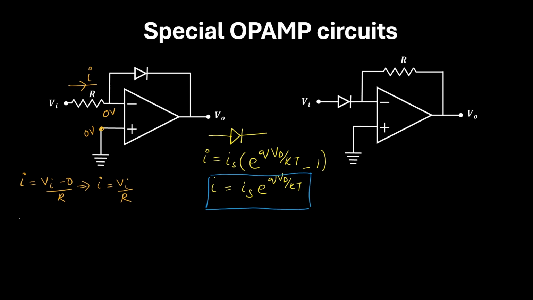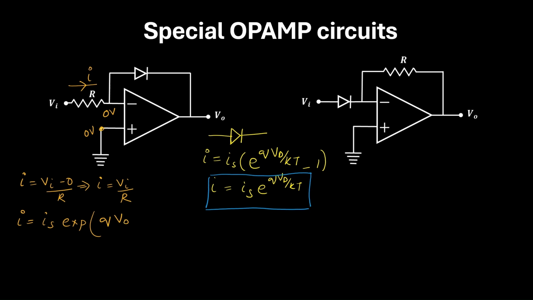So this I can approximate by the saturation current Is into exponential of Q into, now here the voltage across the diode is the difference between this voltage and this voltage. Since this is 0, we can write the voltage across the diode to be V naught.